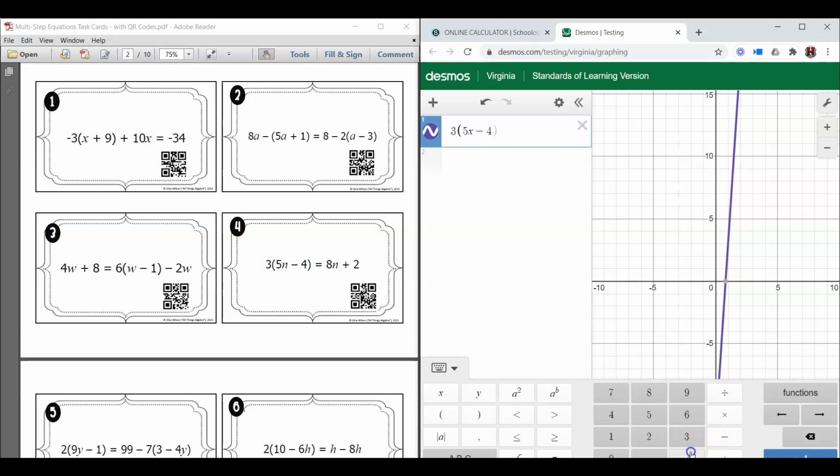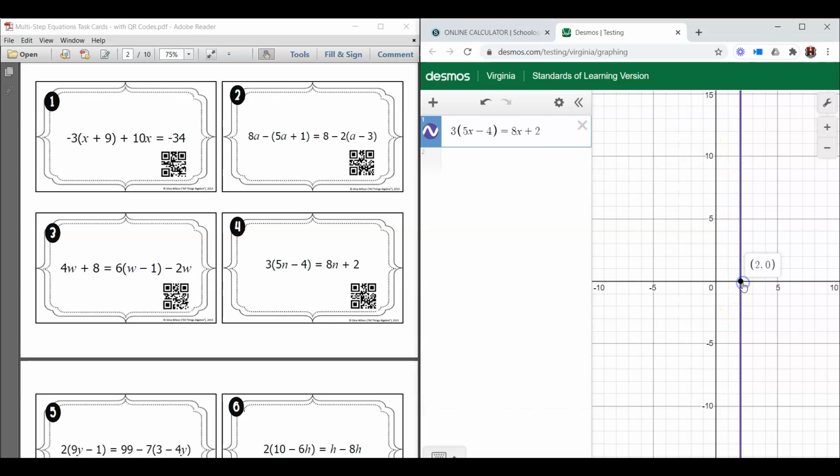Now I need my equal sign, and then I'm going to do 8x plus 2. All right, so here's my line, my vertical line. Click right here where it crosses the x-axis, and I see that x is equal to 2. So for that equation, x is equal to 2.